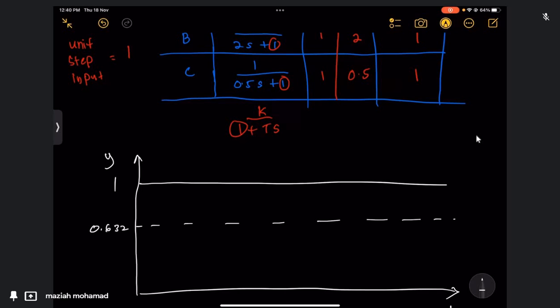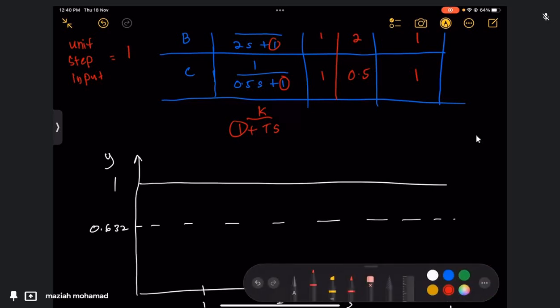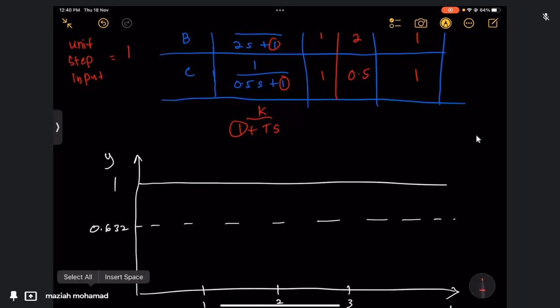Let me say this is 1, 2, 3 seconds. A will reach here, at 1 second.